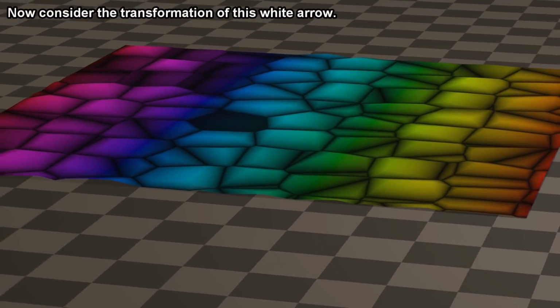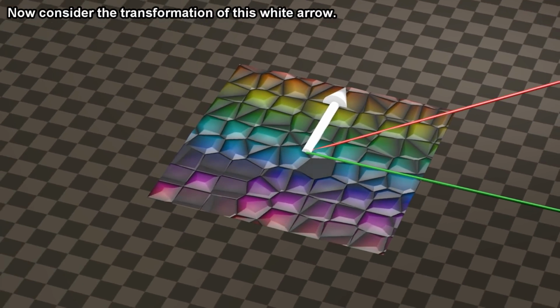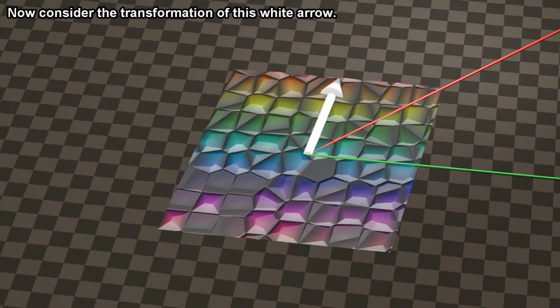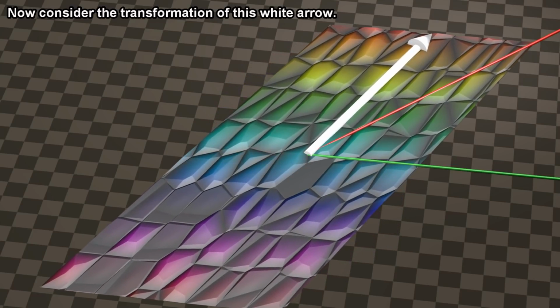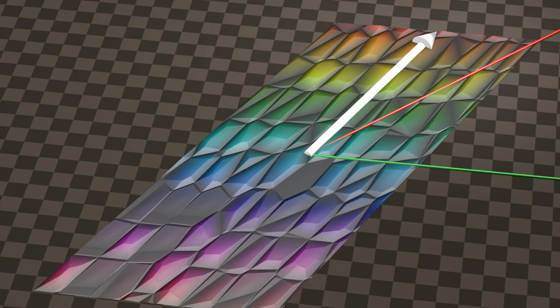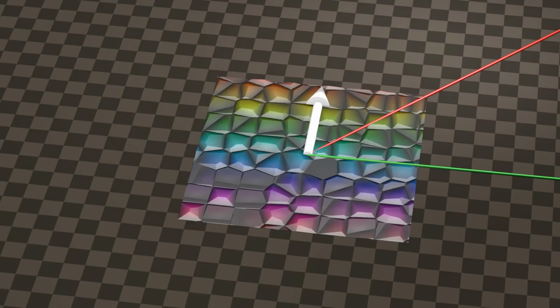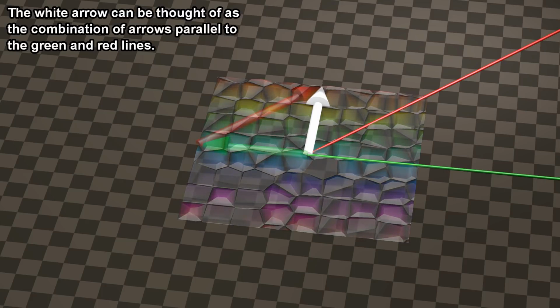Now consider the transformation of this white arrow. The white arrow can be thought of as the combination of arrows parallel to the green and red lines.